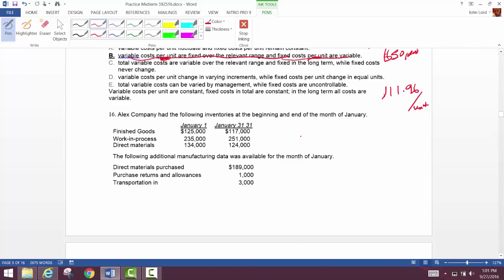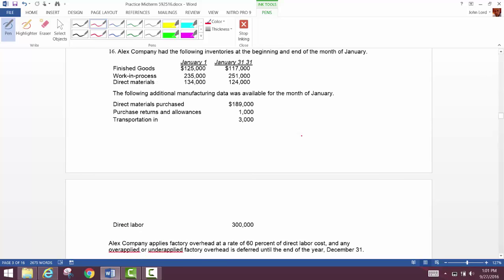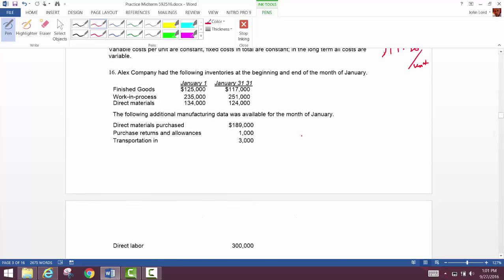Alex Company has the following information, and we want the cost of goods manufactured. Cost of goods manufactured is going to be what? This subtract from work in progress. So if I analyze work in progress, what's the beginning work in progress? 235,000.